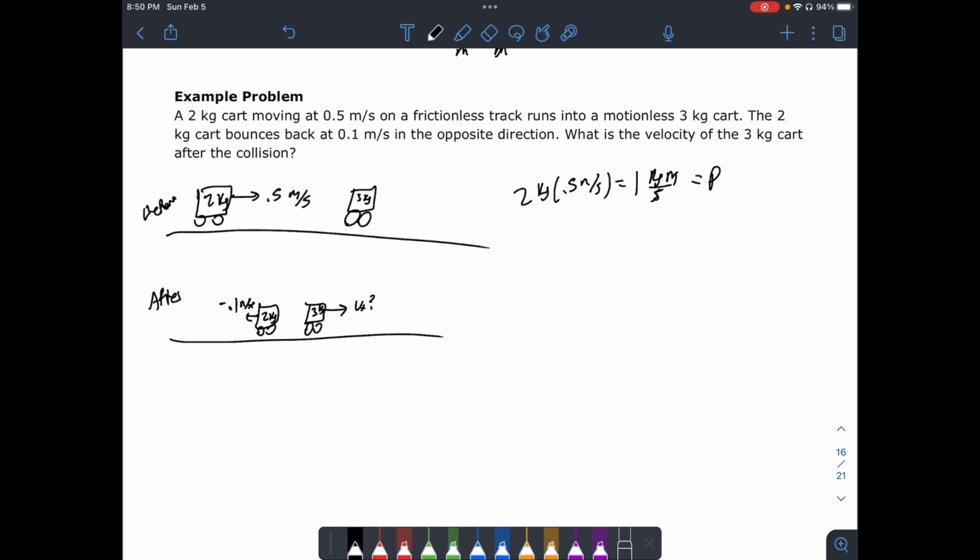So this is our initial momentum. Our initial is equal to our final, which is equal to our 2 kilogram cart now moving backwards at 0.1 meters per second, plus 3 kilogram cart moving with some unknown speed.